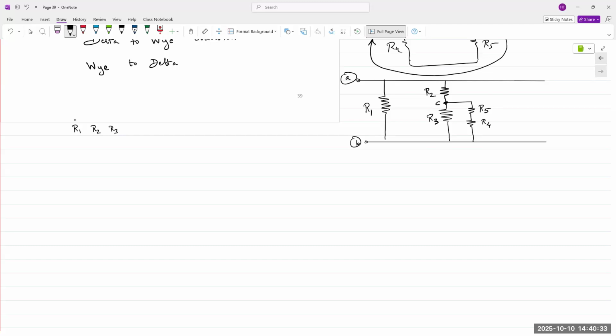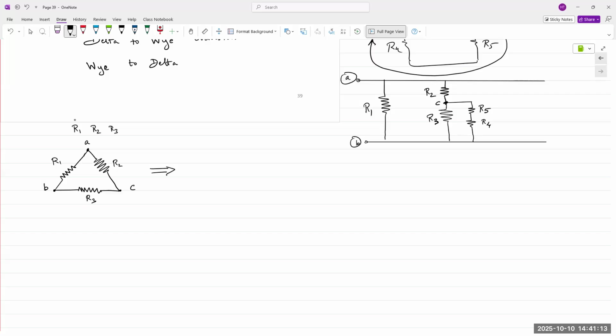Now the way they are connected, I'm going to label this node A, node B, and node C. In the original circuit, that node A is drawn as a long line, but a long line is nothing but a dot. This is R1, R2, and R3, and A, B, C.